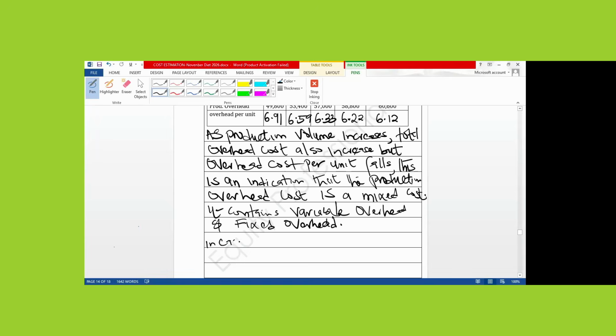In this case, we use high and low to separate the cost. For this overhead cost, the highest level is 110, the lowest level is 80, because the problem started from the beginning.